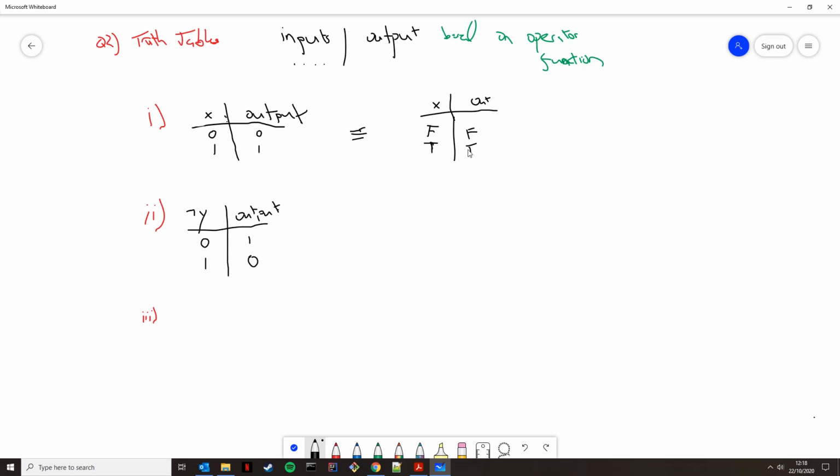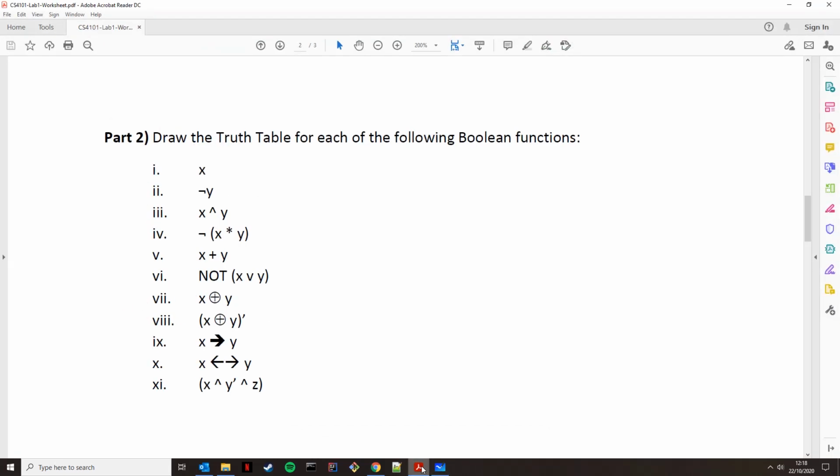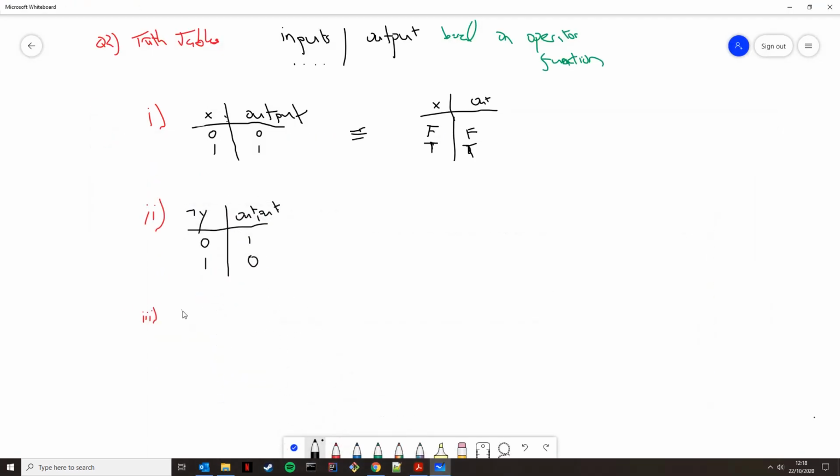So you have the T for true and the F for false. But we want to use binary, and we will see why later. Plus it gets you into the hang of using binary.